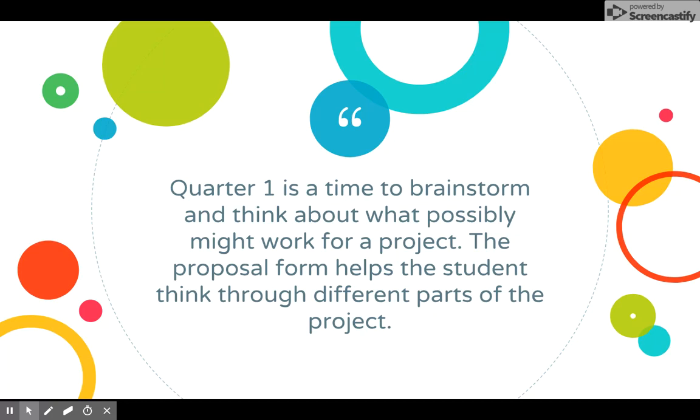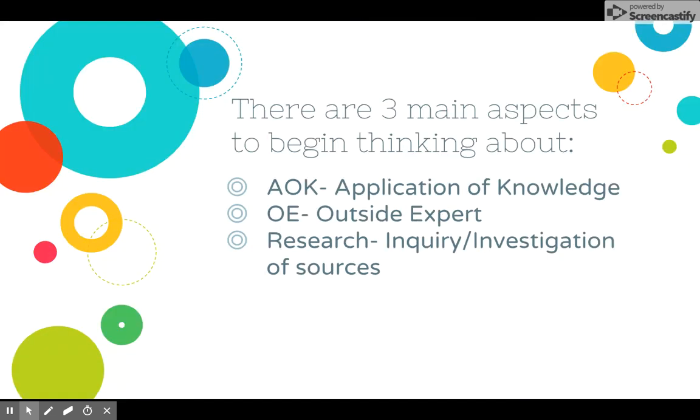The proposal form is really just a series of questions that get you thinking about different parts of the project to make sure that it has the legs it needs to carry you on for the 8-month journey of senior project. At the end of the day, the goal is to work out some of the big kinks, because knowing that you have a good project at the beginning is really going to help in the long run. So here we go.